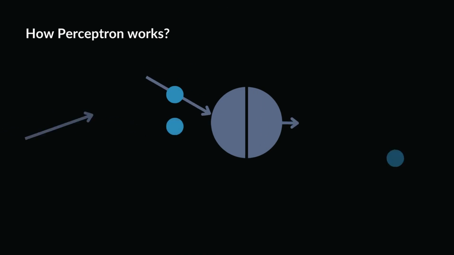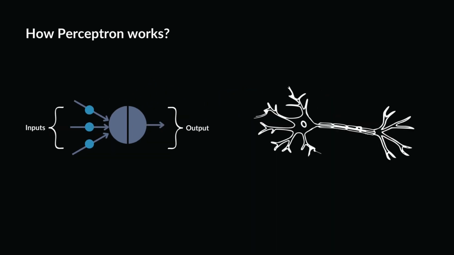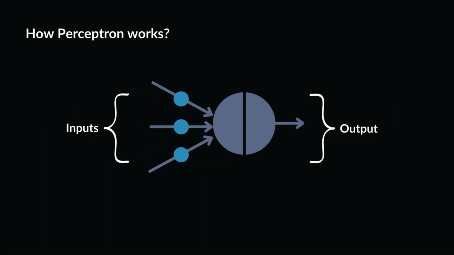A perceptron is indeed a simple artificial neural network that holds some input lines and output lines. You can think of it like a single neuron in the brain. A single neuron inside your brain has a large number of signal receiving and transmitting structures, what we call dendrites and nerve endings respectively. In the perceptron case, the signal receiving structures are called input nodes, and the signal transmitting structures, the output nodes.